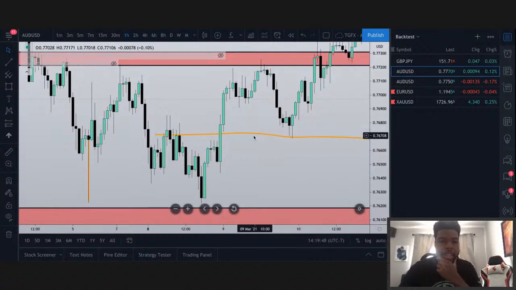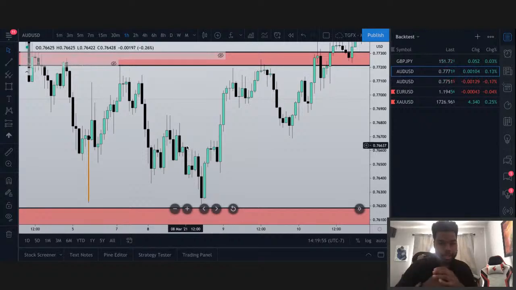Well, if I look to the left, was price in equilibrium here, or was it unbalanced? Were there a lot of buyers and sellers in the same range that was driving the price in consolidation, or was it big moves up and down? That's what you want to ask yourself. That's what you want to understand at this level.